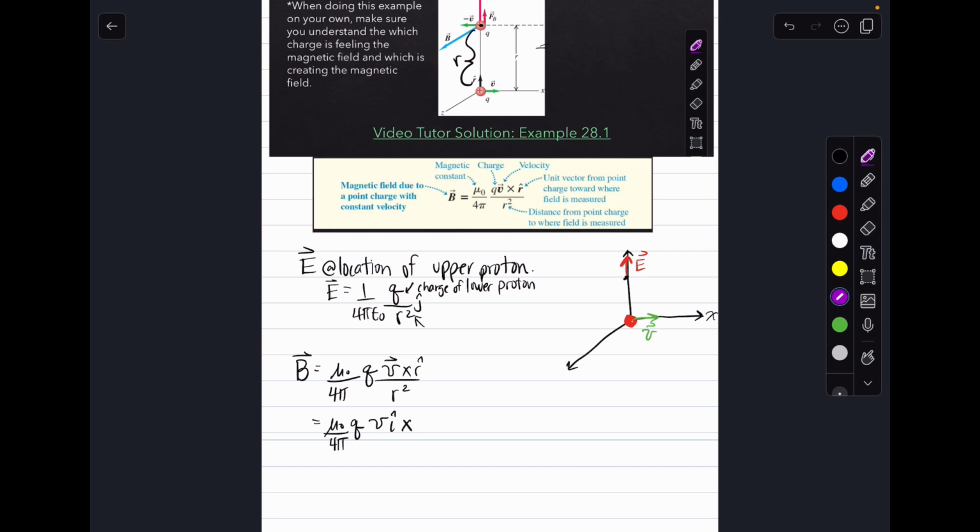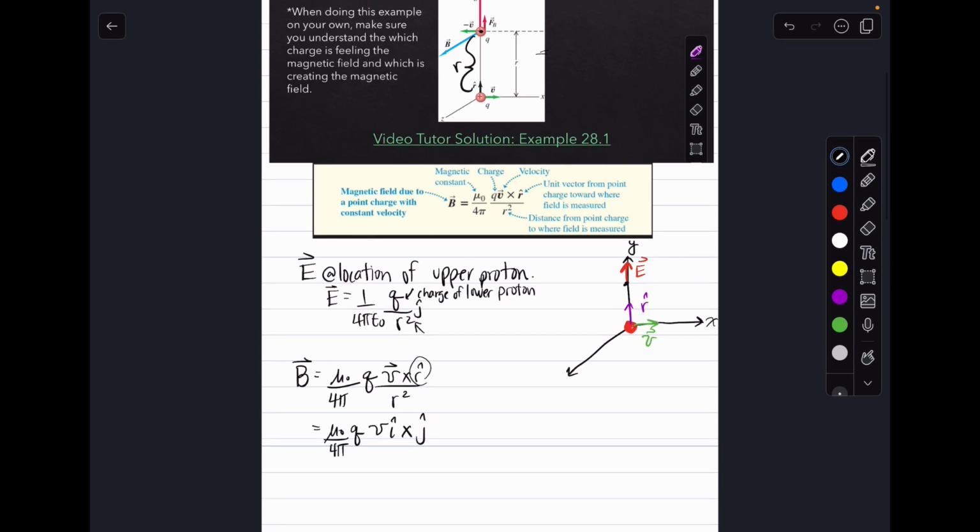So our r hat is going to be in the y direction, right? And this is a unit vector, so there's nothing next to it. It's simply r hat is j hat. It's not r j hat. It's technically 1 j hat.